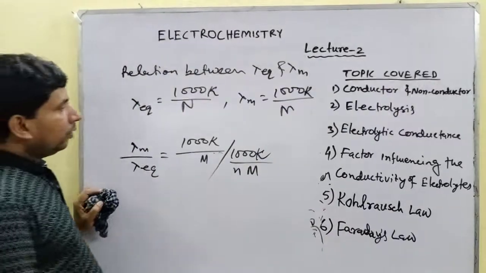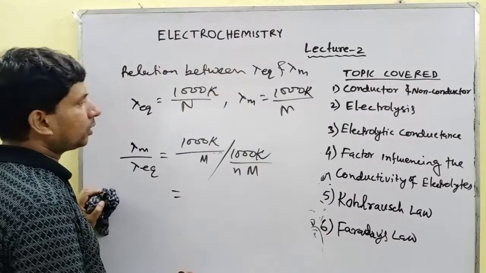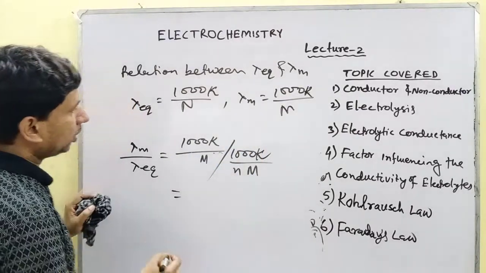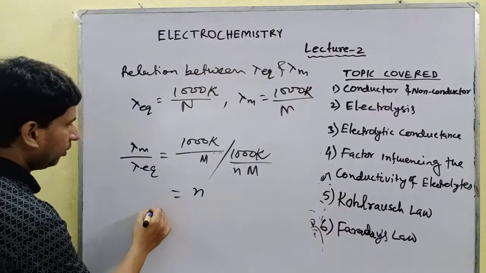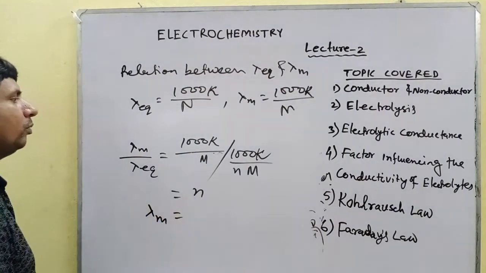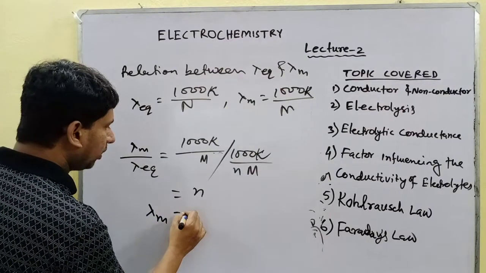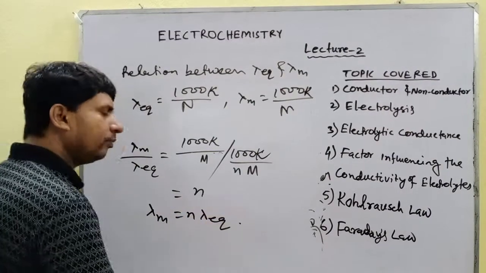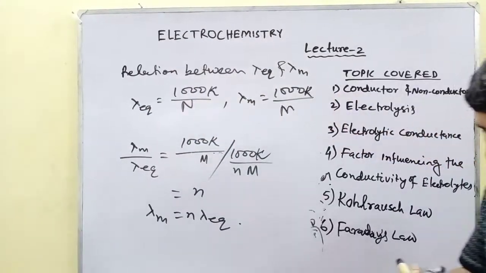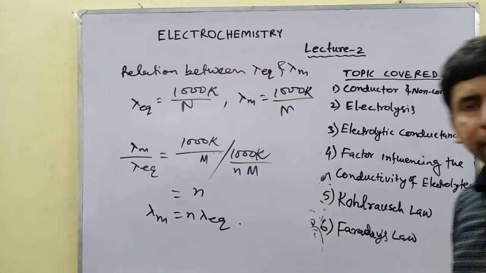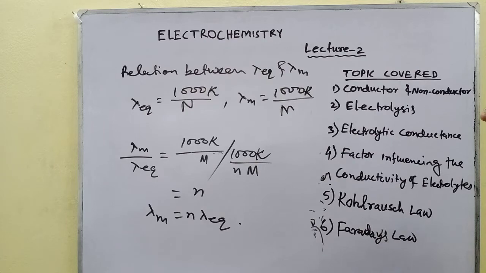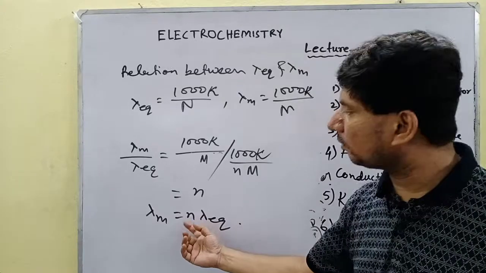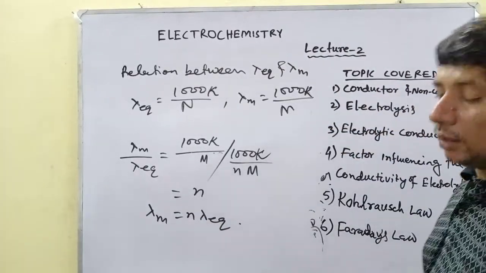This is actually 1000 kappas cancel out, then just n factor. That's mean lambda m equal to n into lambda equivalent. So lambda equivalent equal to lambda m by valency factor. This is the valency factor also.